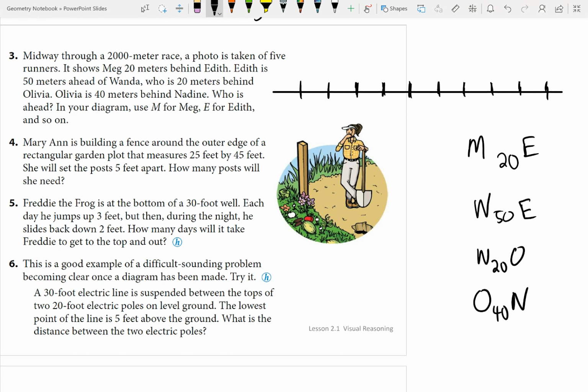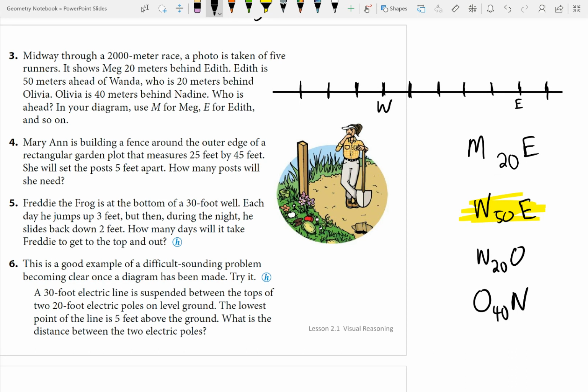So I'm going to start with the biggest number first, I think. Probably the easiest, which is this one here. And I'm just going to put E over here. And that's 10, 20, 30, 40, 50. So W right here.